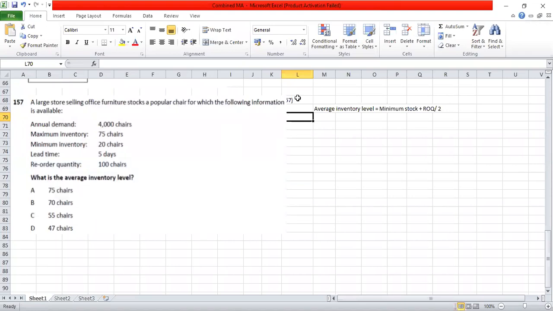So the answer is the minimum stock, we have it as 20, plus the reorder quantity is 100, divided by 2. This is 70 chairs.